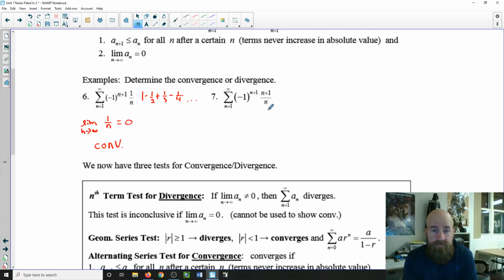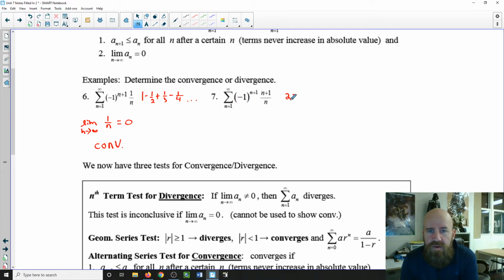Second one, plug in some values. So if we plug in 1, we're going to get a positive value. Plug in 1, we get 2. If we plug in a 2, we're going to get a negative, so it's fluctuating between the negative and the positive.